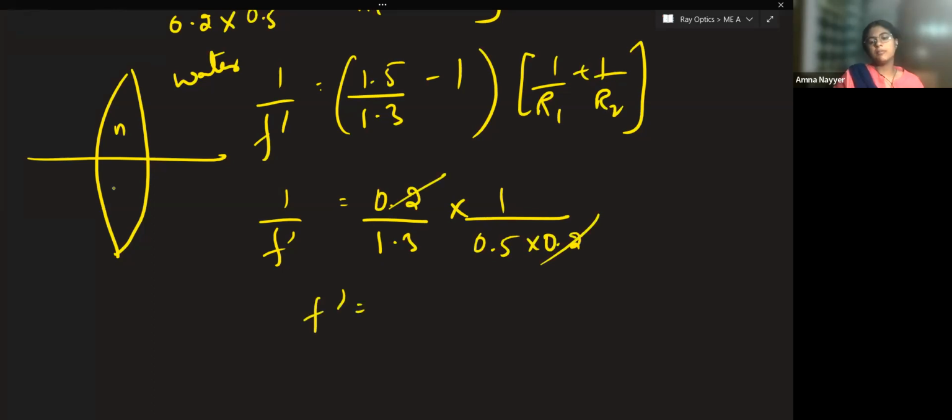F prime will become what? This becomes 1.3 into 0.5, so this becomes 0.75, no, 0.65.